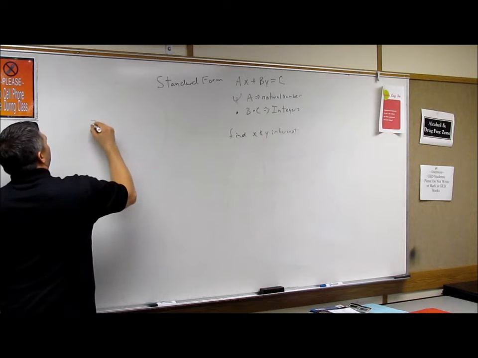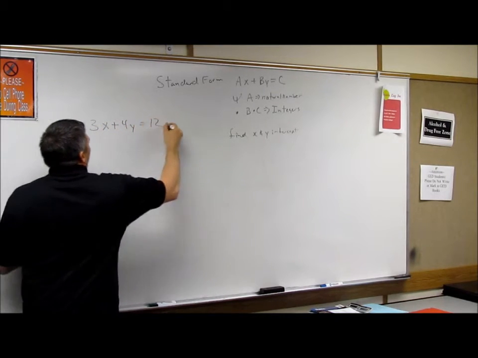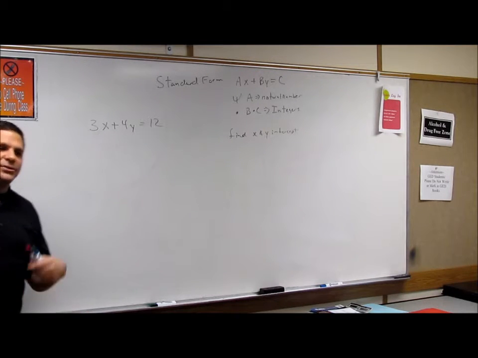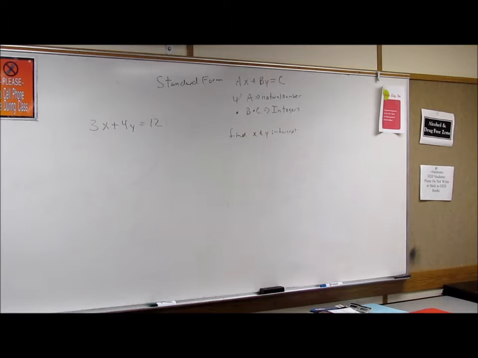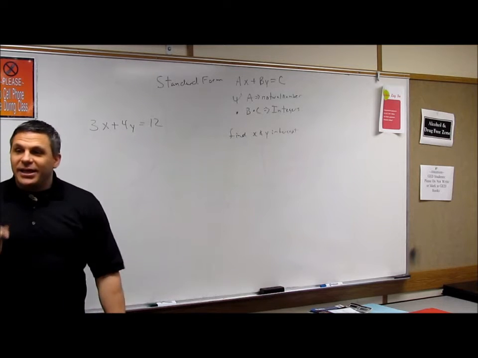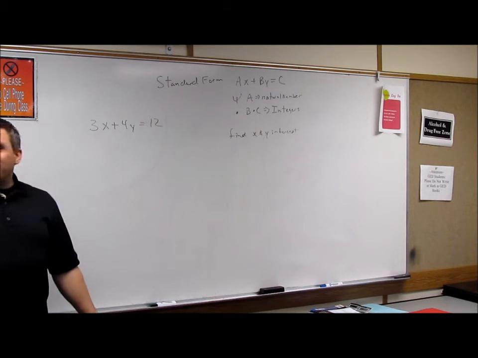So, I have 3x plus 4y equals 12. I just make it simple, right? 3 and 4 both go into 12. It's really nice and neat. So what I do here is I plug in the easiest number I can for x and find y.